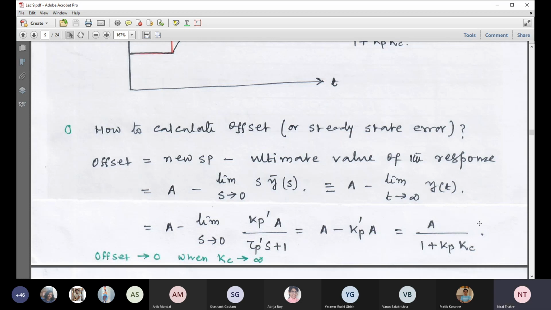Is this matching, student, with your result? Offset? Anyone can respond? Yes. Okay.